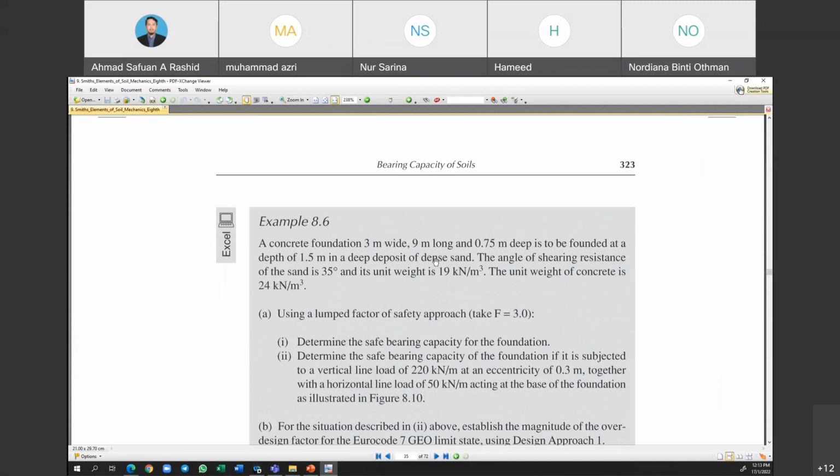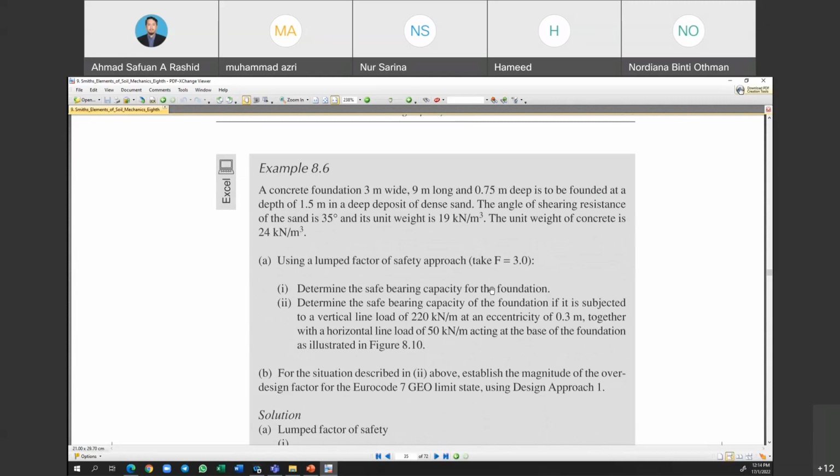So this is under a drained situation. The angle of shearing resistance of the sand is 35 and its unit weight is 19. The unit weight of the concrete is 24. Using a lump factor of safety of 3.0, determine the bearing capacity of the foundation.